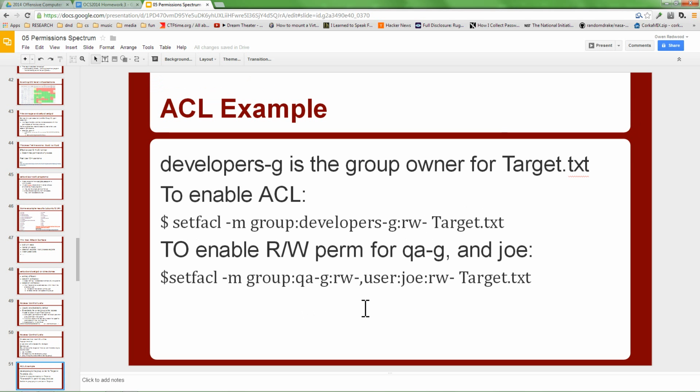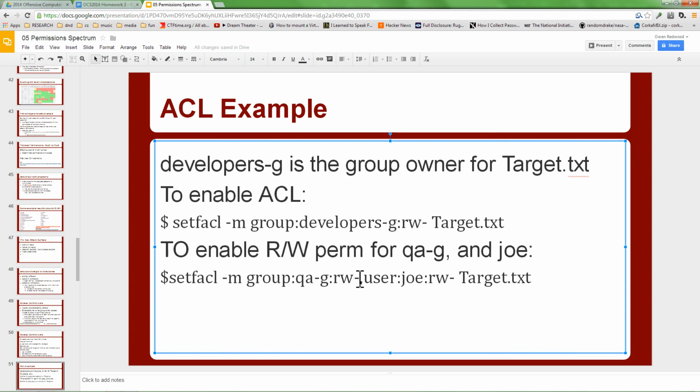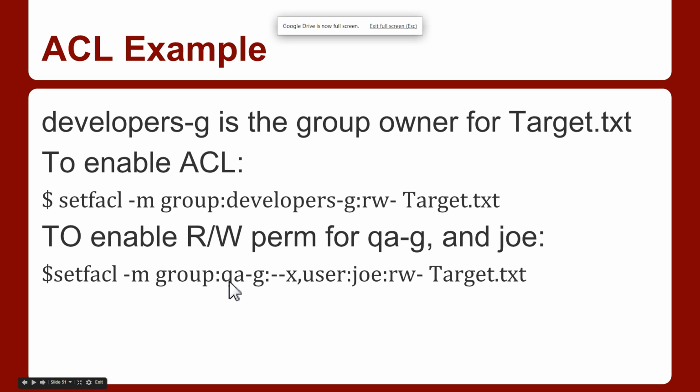If you just want to give the quality assurance group permission to execute it because they're just going to be running it, you would do that, and say you want Joe, the CEO, to have just read-write, and you would do that.